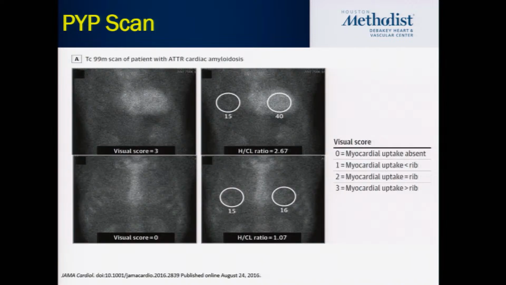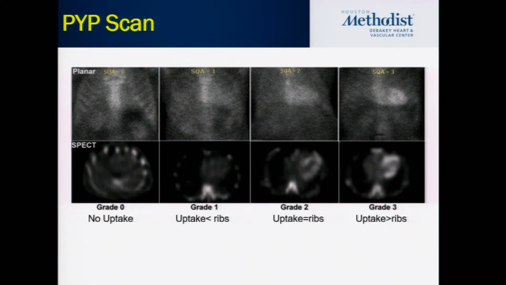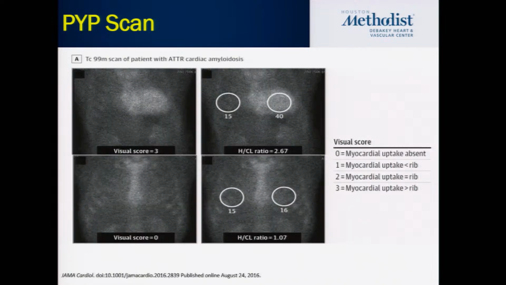And what we noted is that if there is significant uptake in the myocardium, then this was very specific and had very high positive predictive value to have ATTR cardiac amyloidosis if AL amyloid was ruled out.